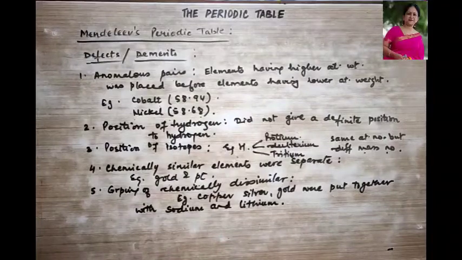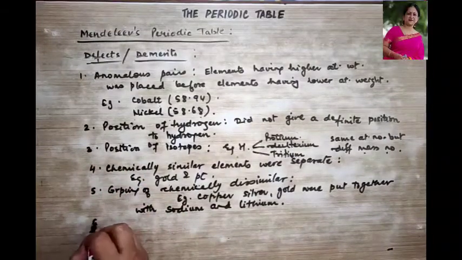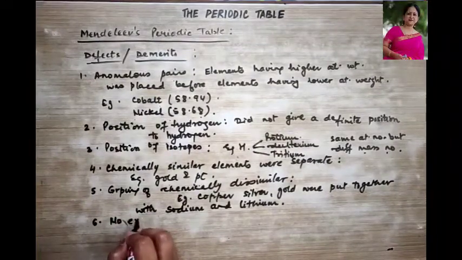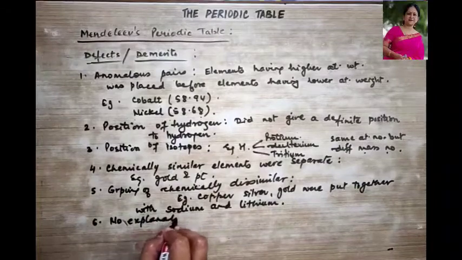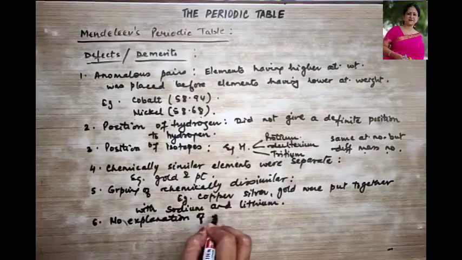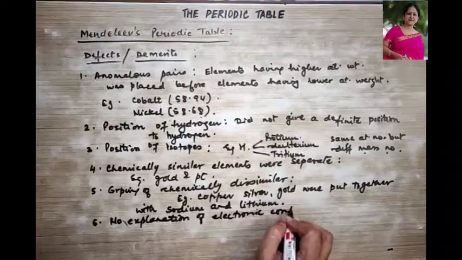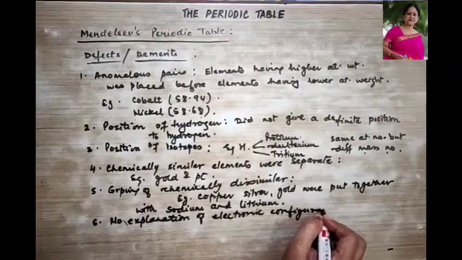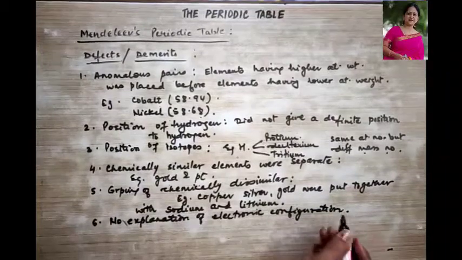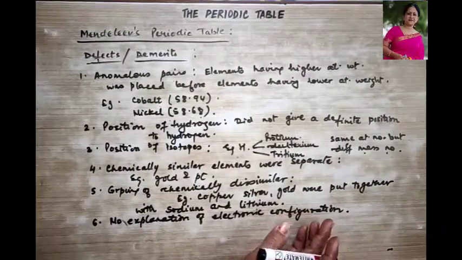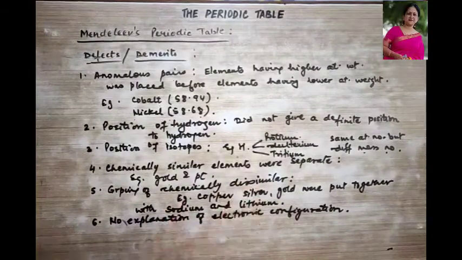Then there was no explanation of electronic arrangement, no explanation of electronic configuration, because they were only working on atomic weights, so there was no question of configuration, right? So these were some of the reasons why his theory was discarded.